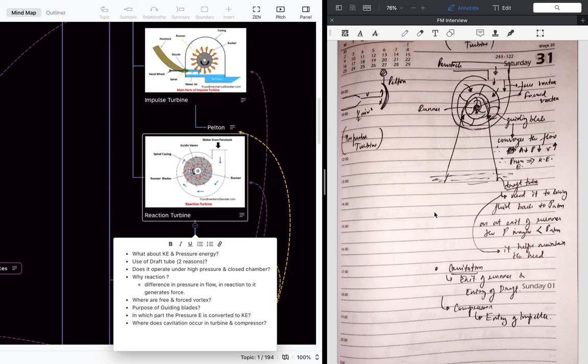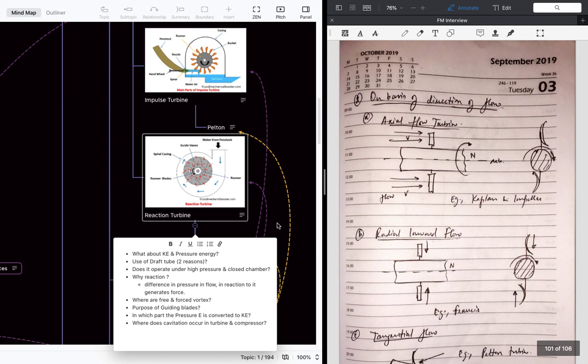Due to those bubbles, there's a pitting effect on the surface of the body, and that is how cavitation happens. So cavitation in this case can happen at the exit of the runner and the entry of the draft tube, and in a compressor it can happen at the entry of the impeller.